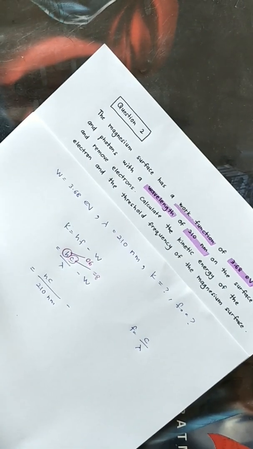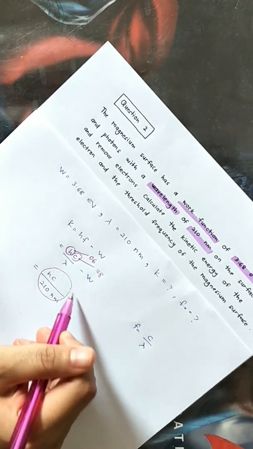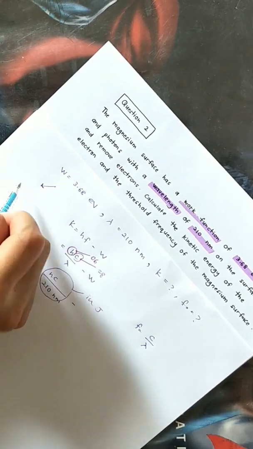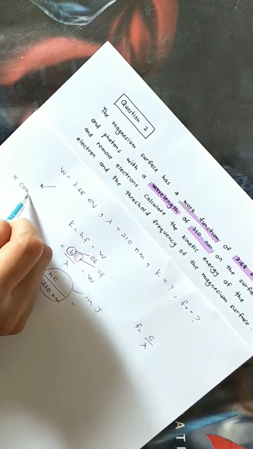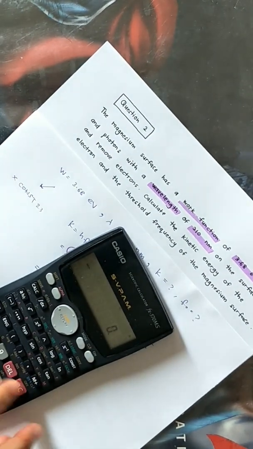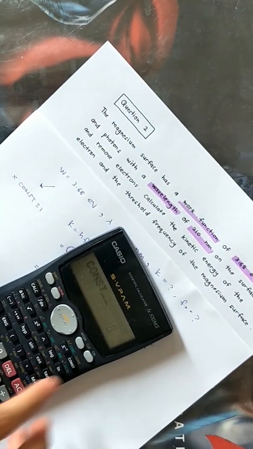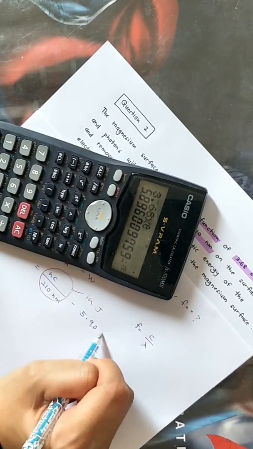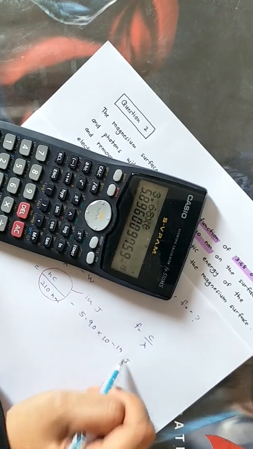Okay, this work function is in electron volt, but these are all in joule. So we have to convert this electron volt into the unit joule by times constant 23. So 3.68 times constant 23 gives 5.90 times 10 power of negative 19 joule.